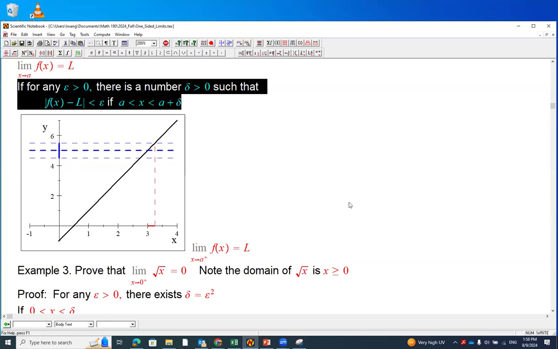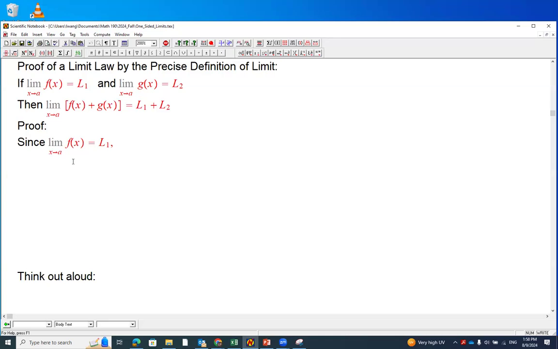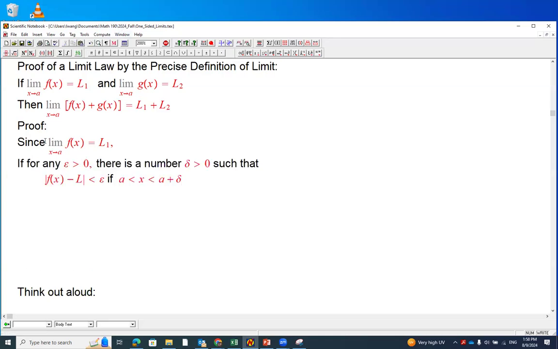For any epsilon, because we're given it is true, there exists a number delta, we call it delta sub 1, such that if the absolute value of x minus a is less than delta and greater than 0, then f of x minus limit sub 1 is less than epsilon. Wait, I think I copied the wrong one.